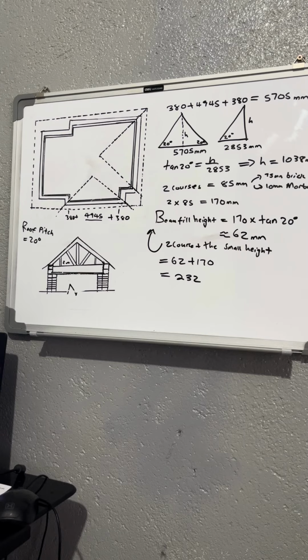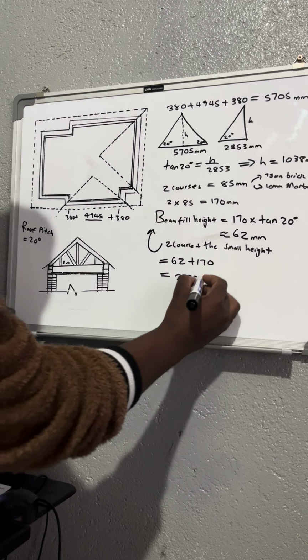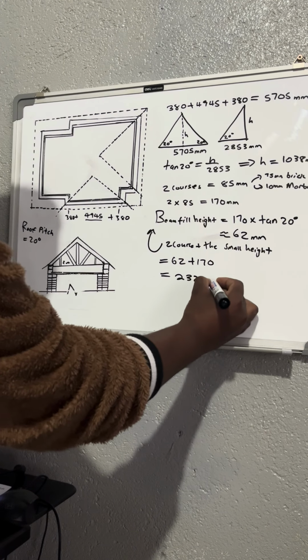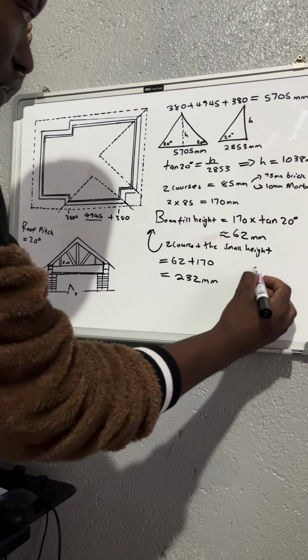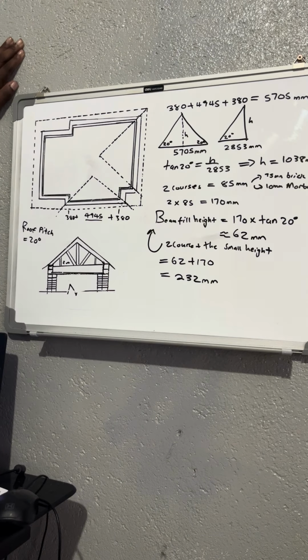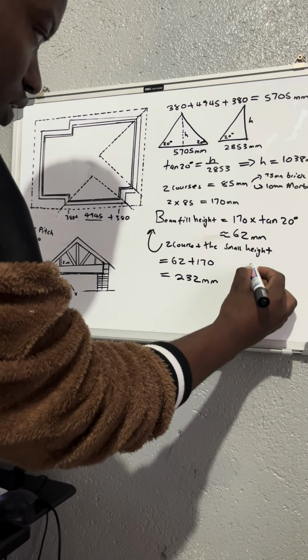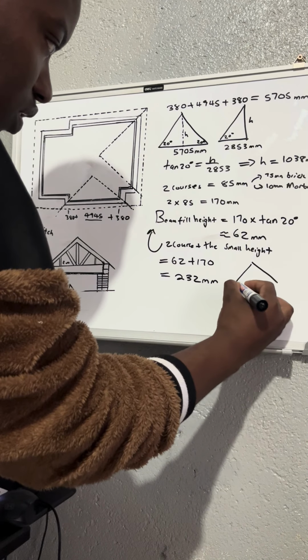I'm about to clean this board and continue with the calculation. Then I think I still have some small space at the bottom to just draw the things we have been calculating. Okay, so let's say now we have something that looks like this.